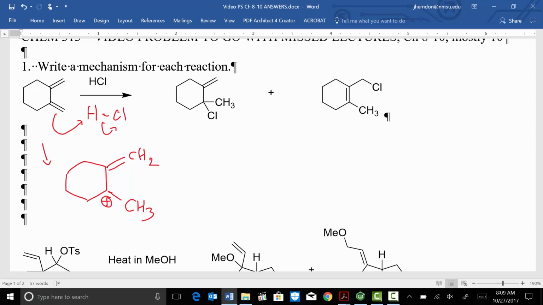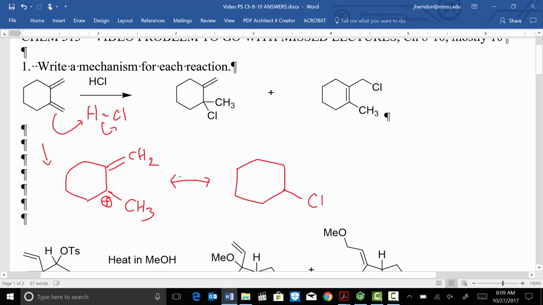All right, so what we have here is, of course, the allylic carbocation, and like all allylic carbocations, we have a resonance structure that we can write. And that's our other resonance structure right there.